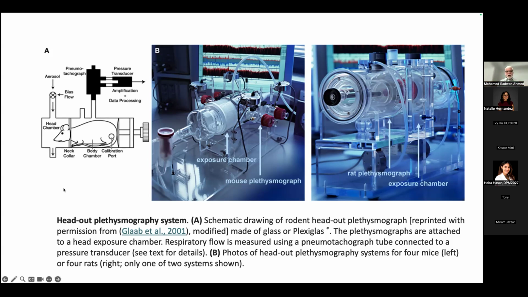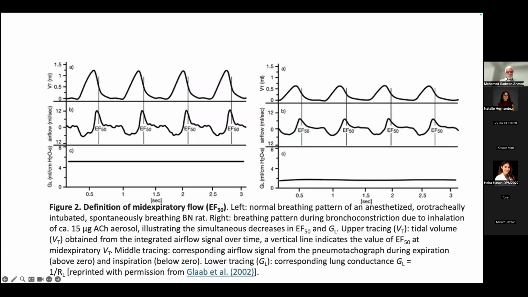So you can get the lung volumes. Basically, those are the graphs. This one is with acetylcholine aerosol, and this one is with normal air. Inspiration, expiration, tidal volume, compliance of the lung. You can measure all of that good stuff.